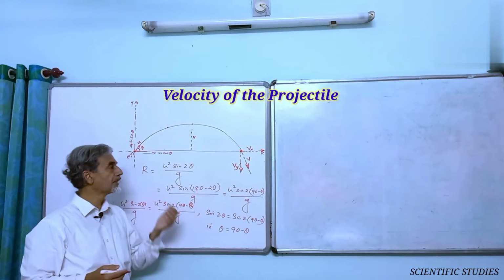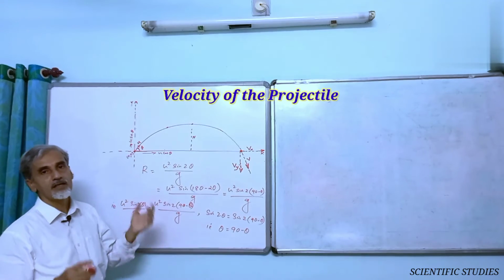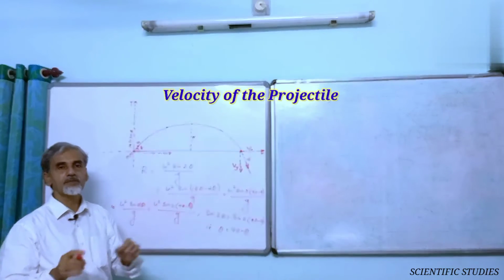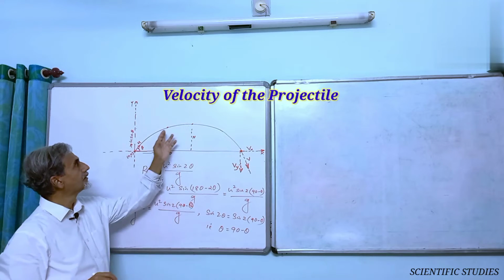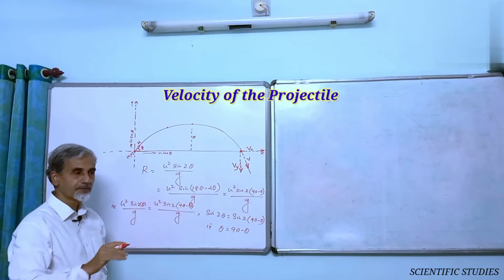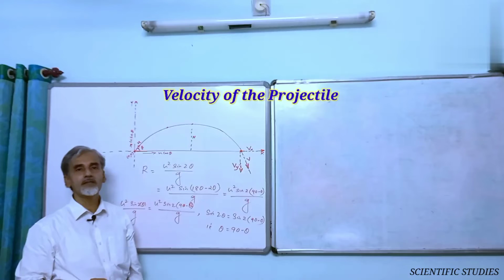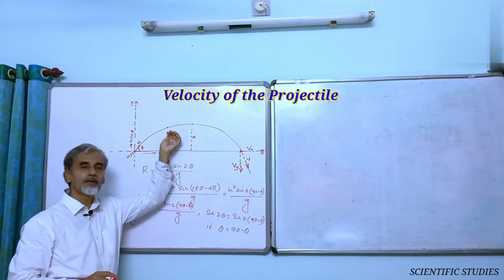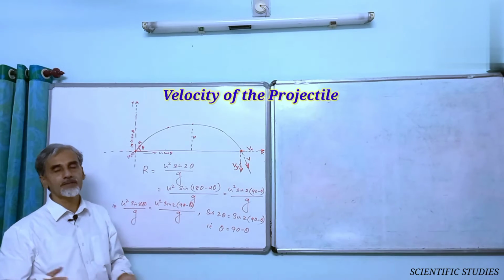As the projectile begins to move, it experiences three types of velocities. The vertical component u sin theta, the horizontal component u cos theta, and a vertically downward velocity due to the force of gravity which has a magnitude gt.